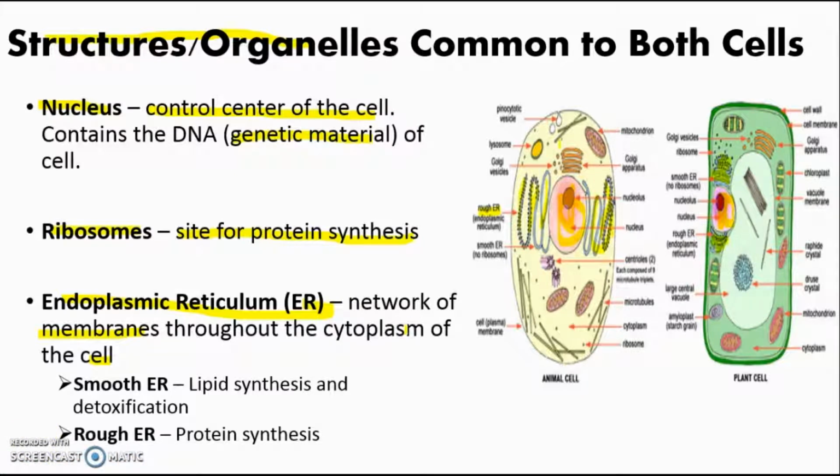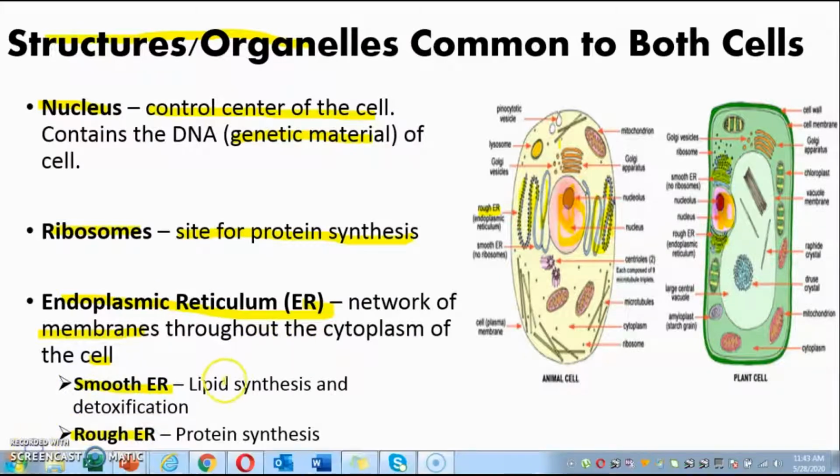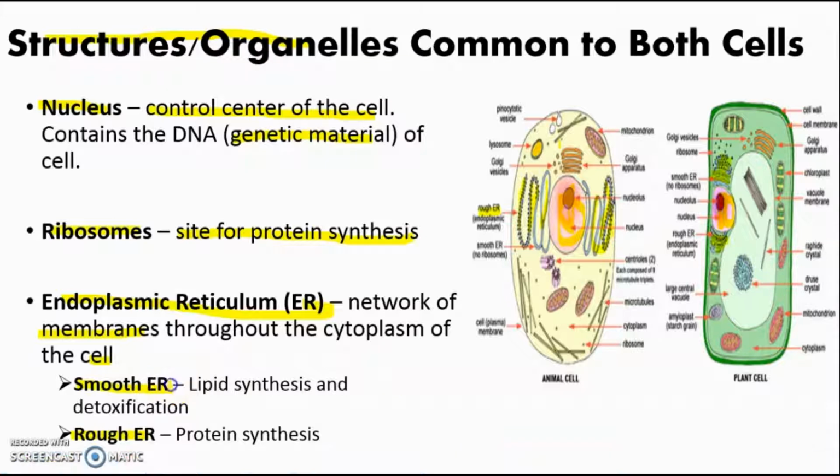We actually have two types of endoplasmic reticulum: the smooth ER and the rough ER. The difference between the two is the presence of ribosomes. In smooth ER, there are no ribosomes attached to its membranes, whereas in the rough ER, there are a lot of ribosomes attached to its membranes.